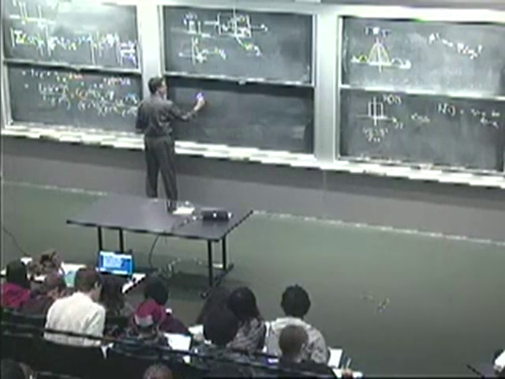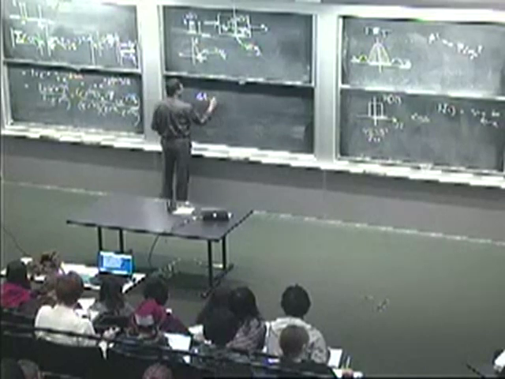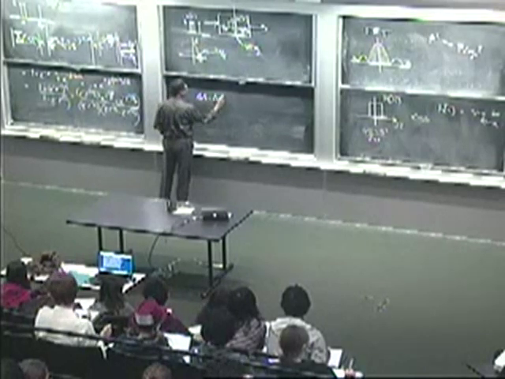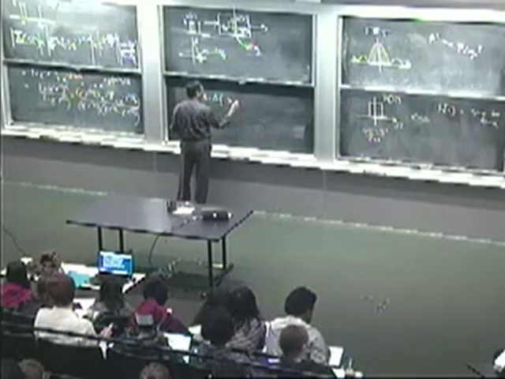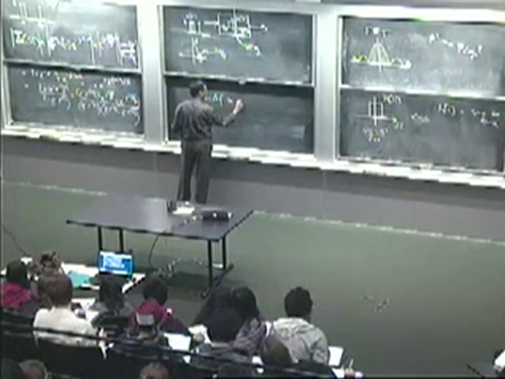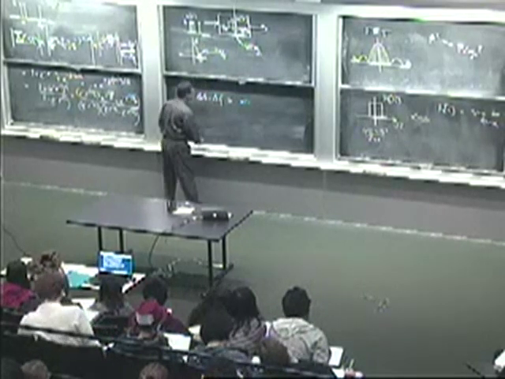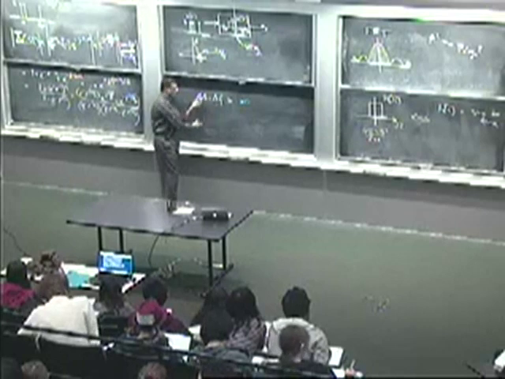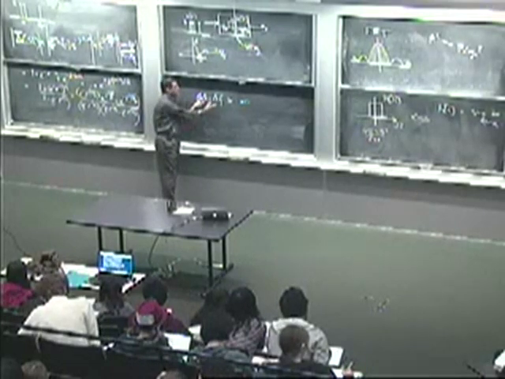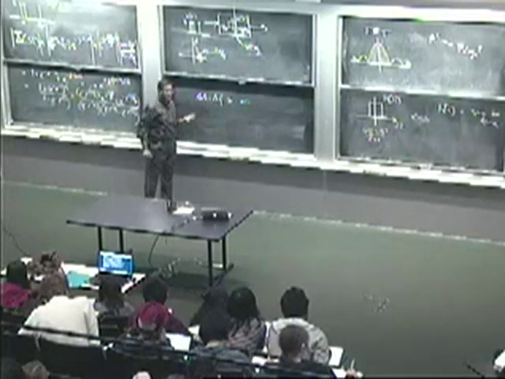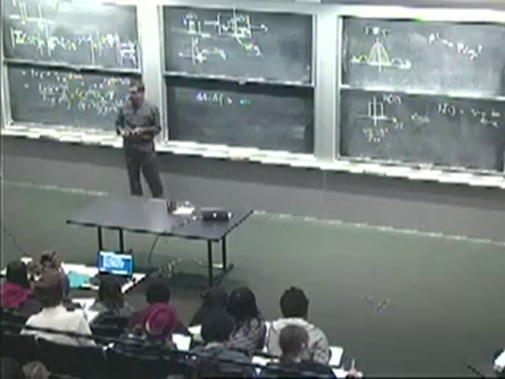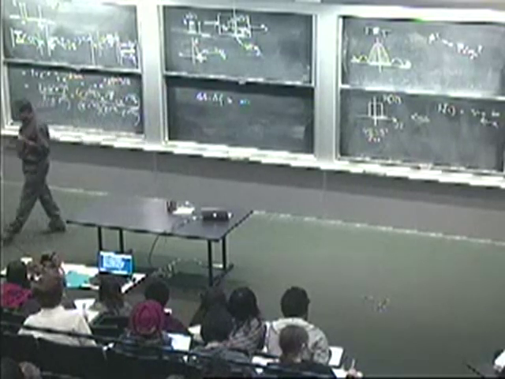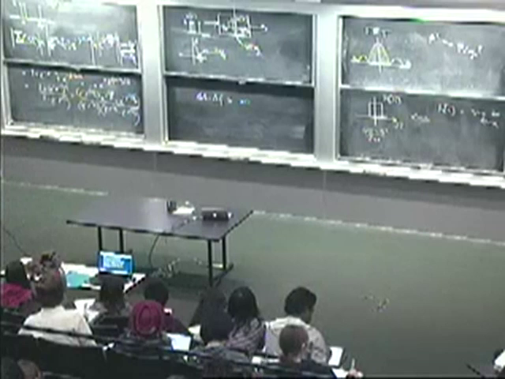It says that the spread in time times the spread in frequency has some lower bound. Okay, so this is some number that's strictly positive. So you can't make a signal arbitrarily concentrated in time and concentrated in frequency. If you make one small, the other one will have to grow correspondingly. So actually, the uncertainty principle in physics is precisely a theorem in Fourier transforms, if you study it.